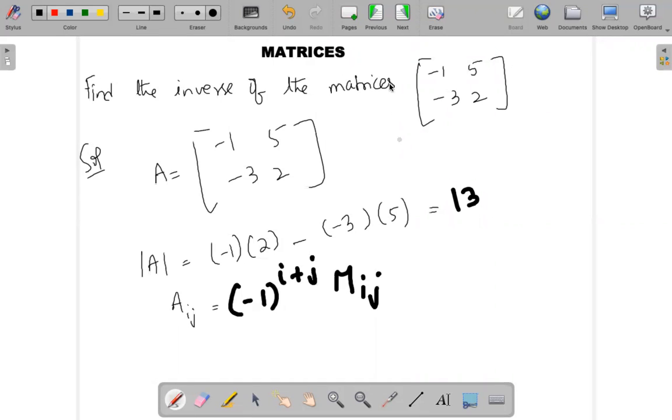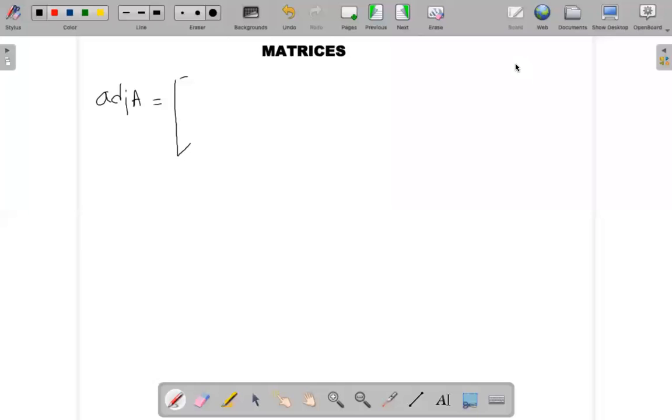The adjoint of A, which is 2 minus 5, 3, and then minus 1.